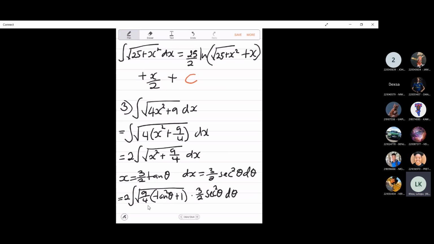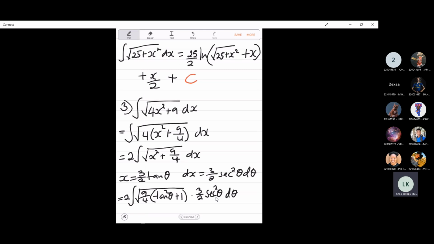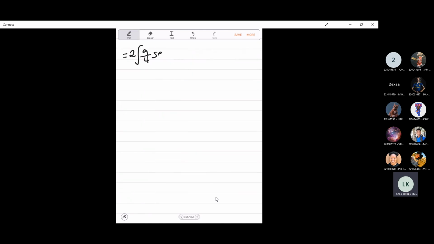So I have 9 over 4 sec squared theta, which is 3 over 2 sec theta, which I multiply by that. So I have 2 times the integral of 9 over 4 and then sec to the power of 3 of theta d theta.